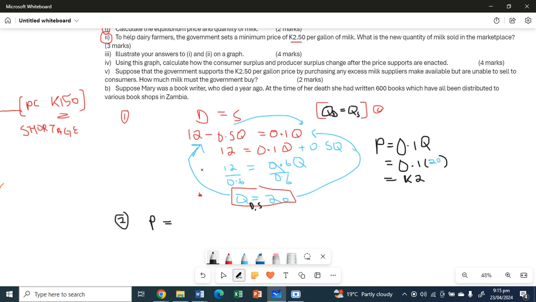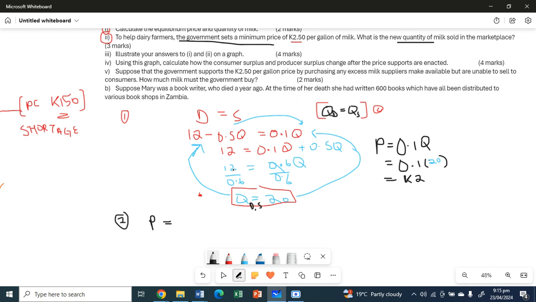This is a price floor, because it's the minimum price. So these guys can sell the milk at 3 kwacha 50 ngwe, 4 kwacha, 5 kwacha, and above.